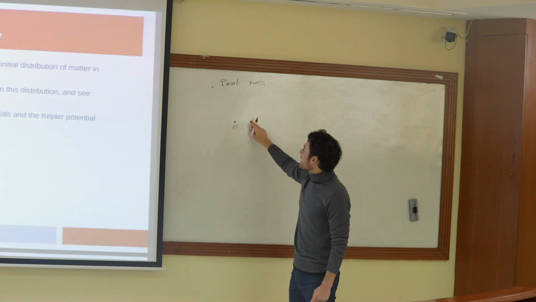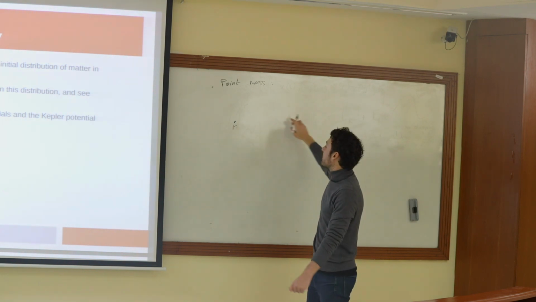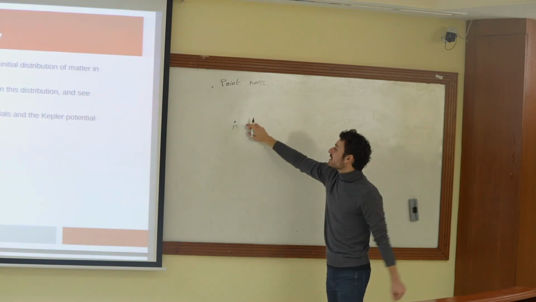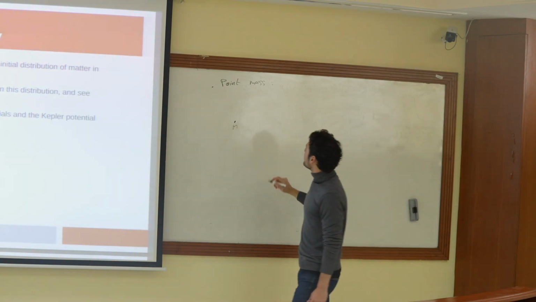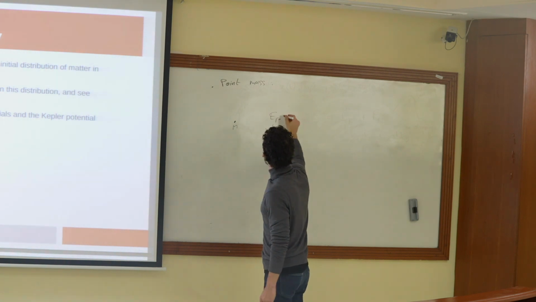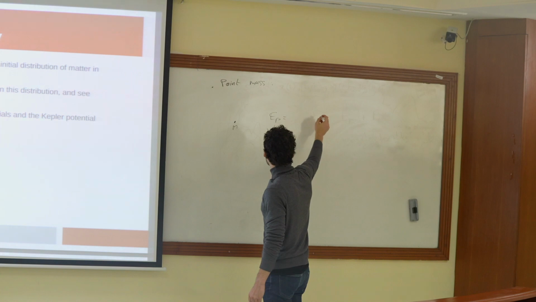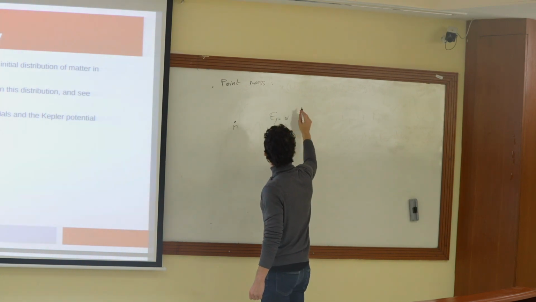So in other words, the potential energy of any point around here is increasing as you move outward. What this looks like is a potential energy that is proportional to 1 over r.